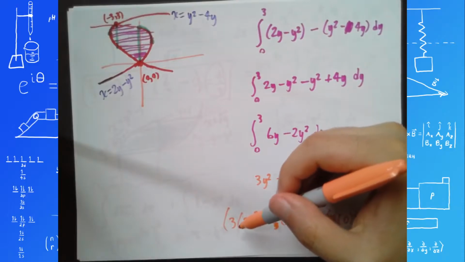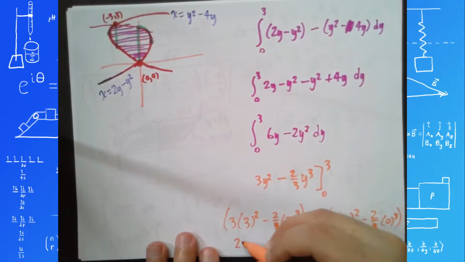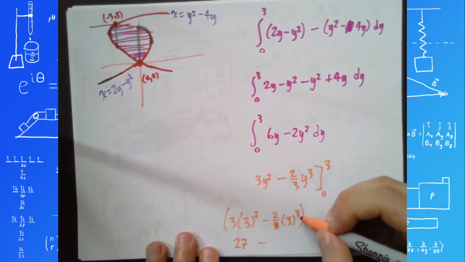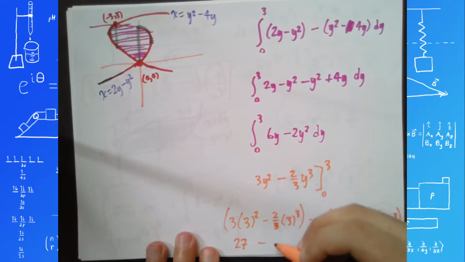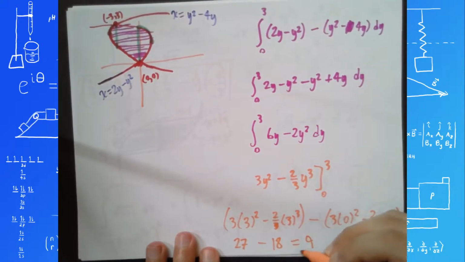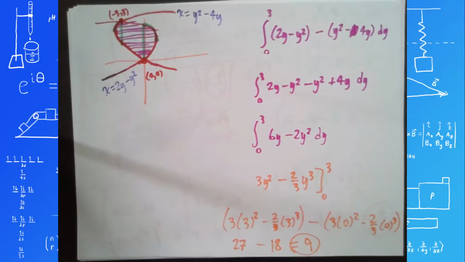And then that's going to give us 27 minus 3 cubed is also 27. 2/3 of 27 would be 18. So 27 minus 2/3 of 27 is 1/3 of 27 is 9 is another way you could think about it. But yeah, there we go. We've got an area of 9.